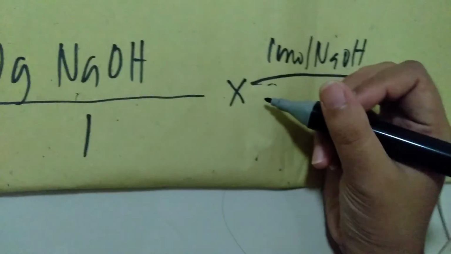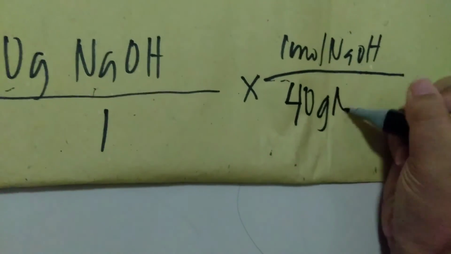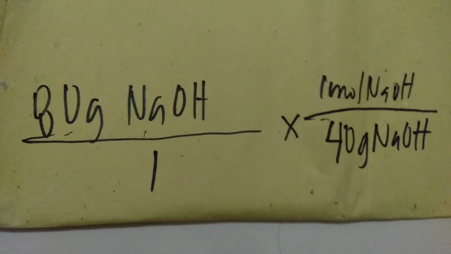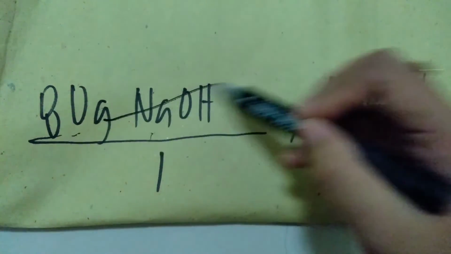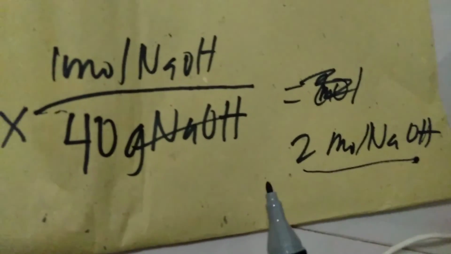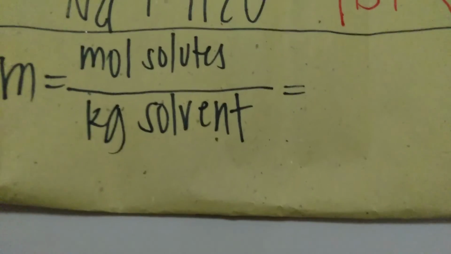So it is 1 mole over 40 grams of sodium hydroxide. Let's cancel the units of grams, and 80 divided by 40 is equal to 2 moles of sodium hydroxide. So this is the moles of solute.